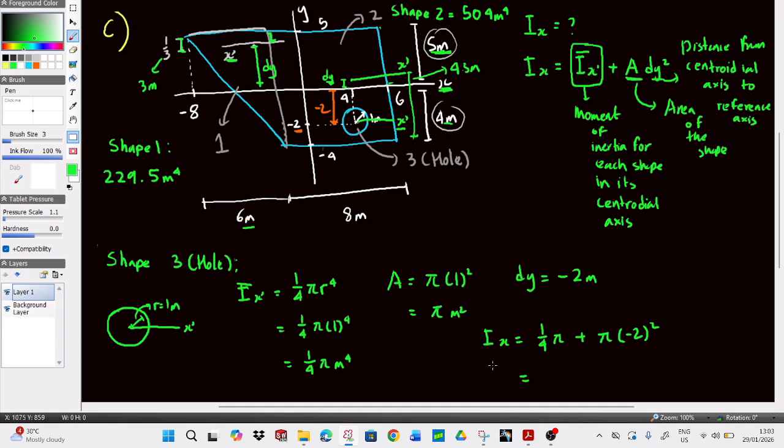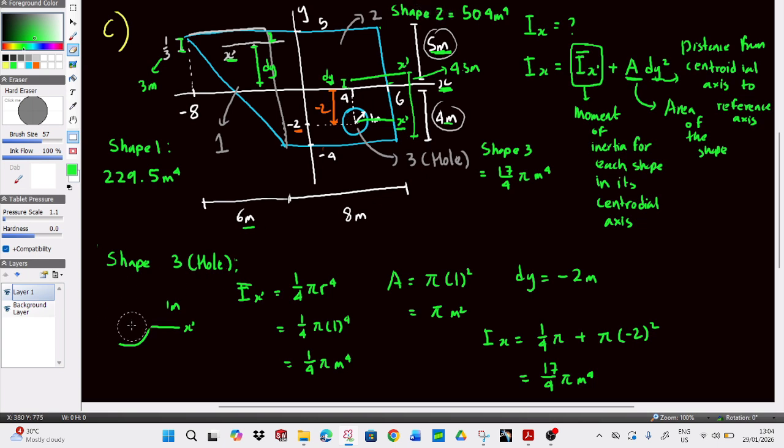So it's 17 over 4 pi meters to the power of 4. Okay, so for shape 3, we've already identified it. So shape 3 is equivalent to 17 over 4 pi meters to the power of 4.